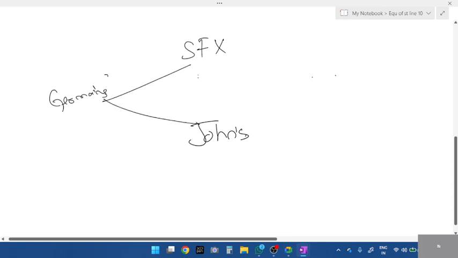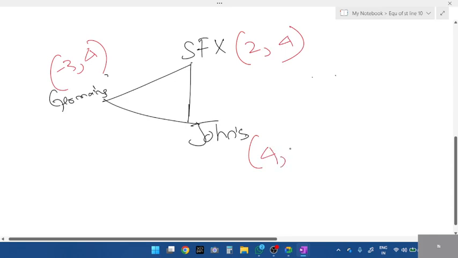These are the 3 coordinates. We are not talking about ground, we are talking about the map. SFX lies somewhere, the coordinate is 2, 4. Germans is minus 3, 4. John's is 4, 3. This is the point where all 3 schools meet at the center, some center where the distance is the same. This we call the centroid.